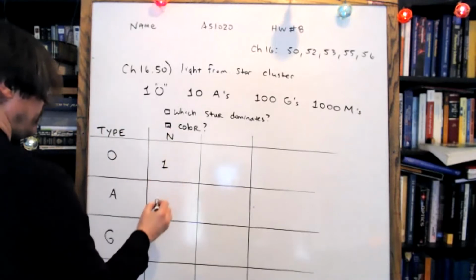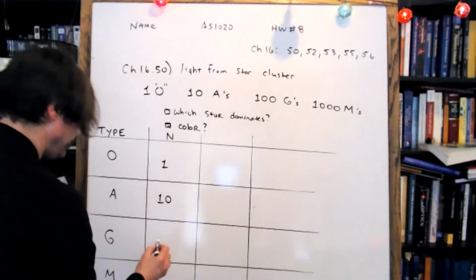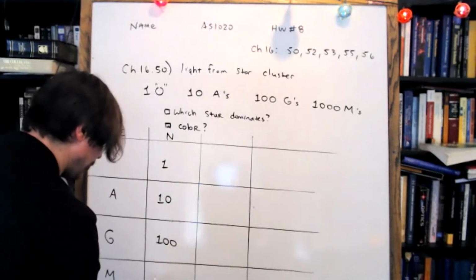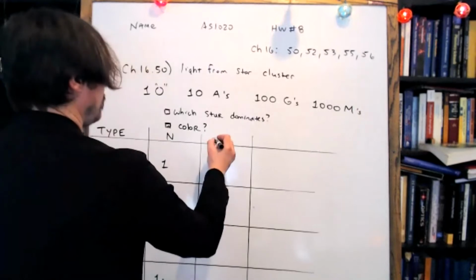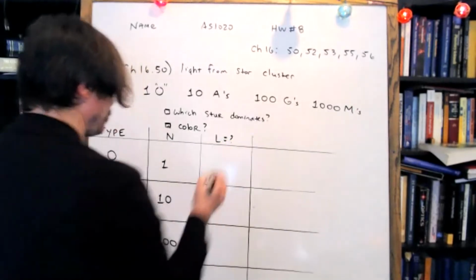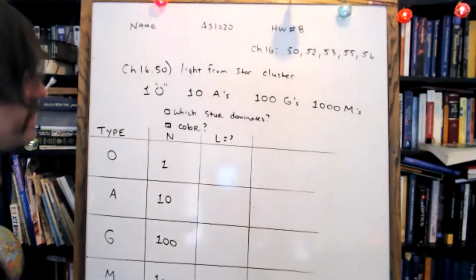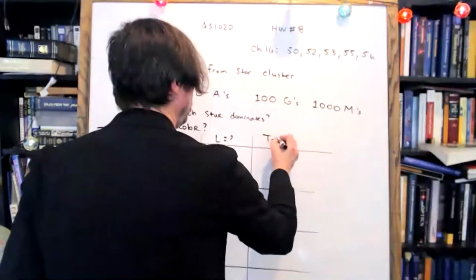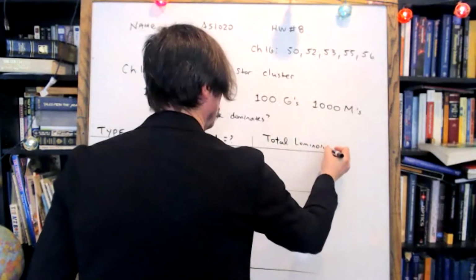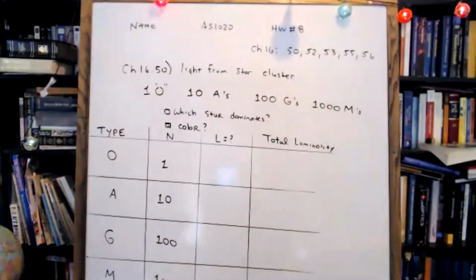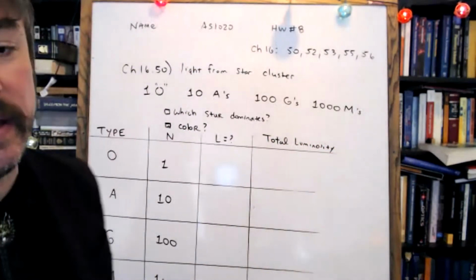So 1, 10, 100, 1,000. This will be the luminosity in solar luminosity units. And the final column will be the total luminosity.